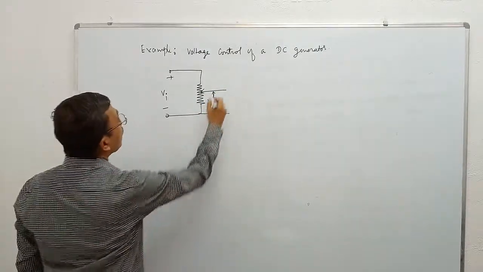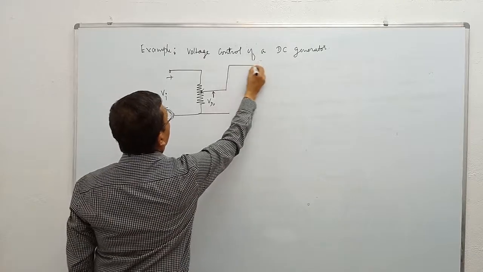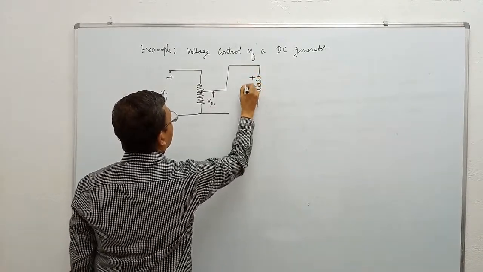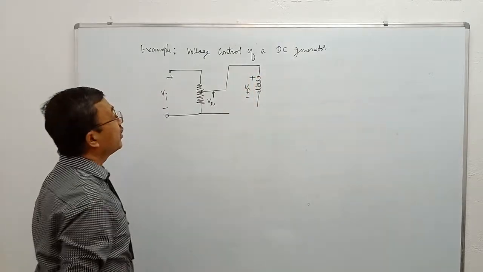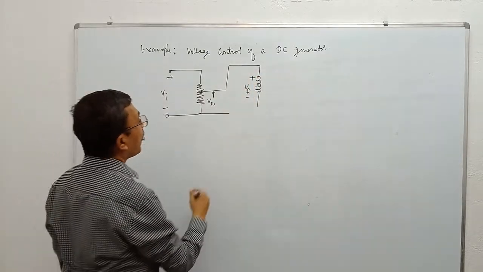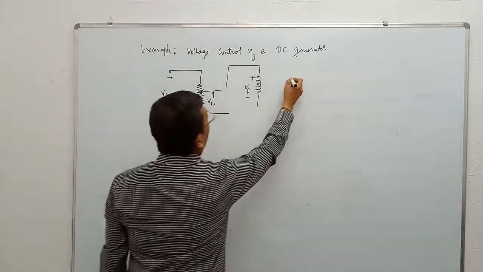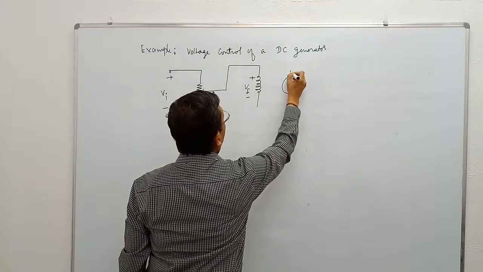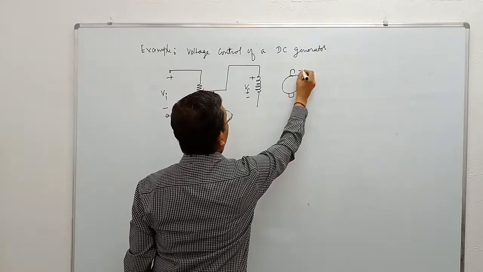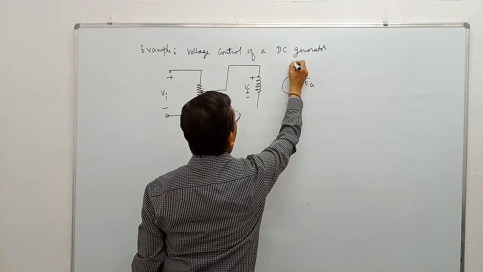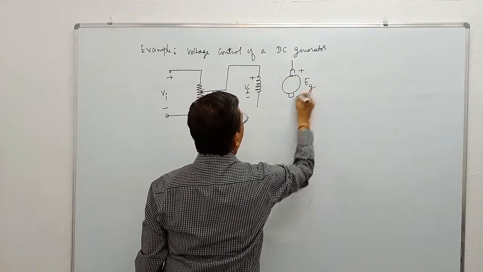This output drives the excitation of a field generator, of a DC generator. This is a field winding. This is the armature, plus minus. Let me write a figure and explain to you. Open circuit voltage is EA or EG.